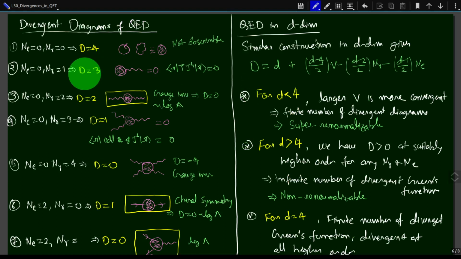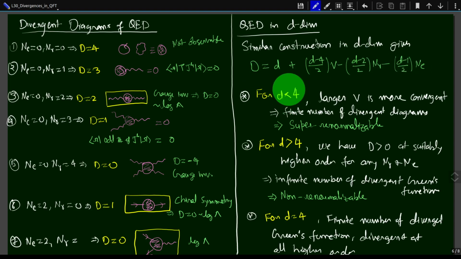So this was QED in 4 dimensions. Now, to see the arguments of renormalizability, I can go for QED in d dimensions. A similar argument gives the superficial degree of divergence as d plus (d minus 4)/2 times V, minus (d minus 2)/2 times N gamma, minus (d minus 1)/2 times N e.